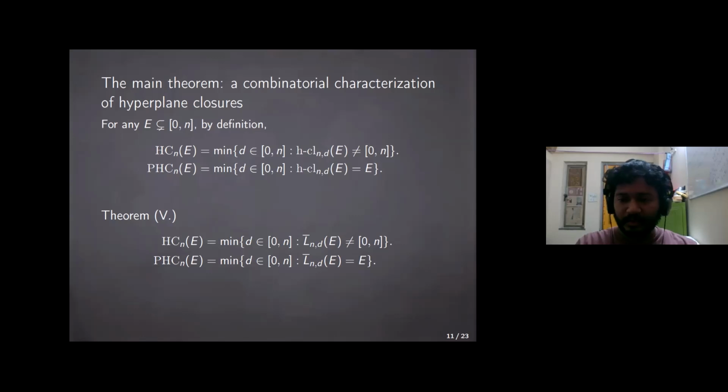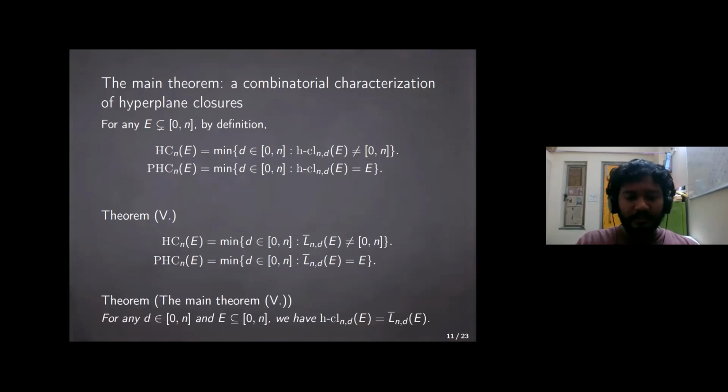Right. So what do you expect? Under what conditions are these two really going to be compatible with each other? That is the combinatorial characterization I am referring to. So for any degree and for any symmetric subset, the hyperplane closure is equal to whatever you get when you apply the operator L bar.